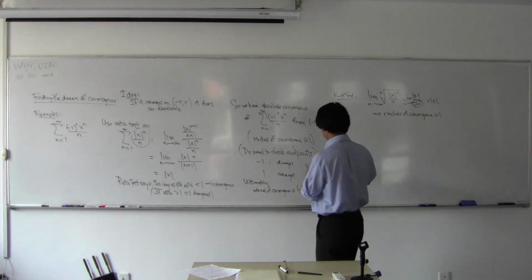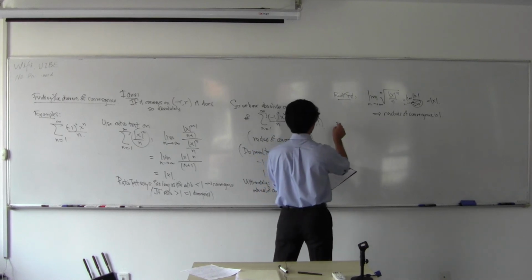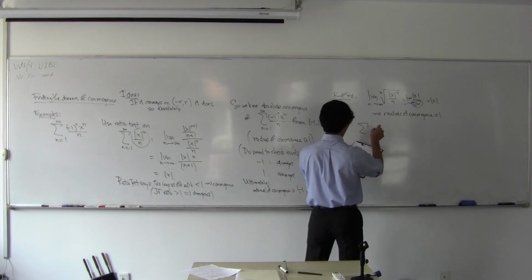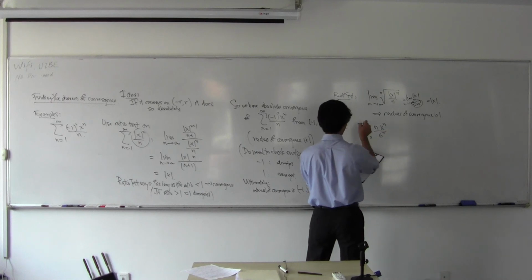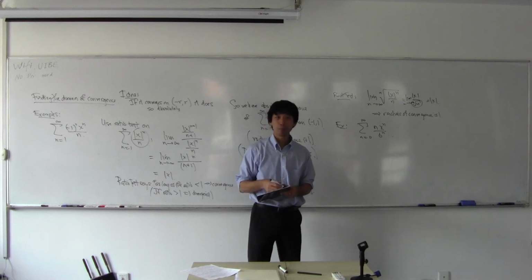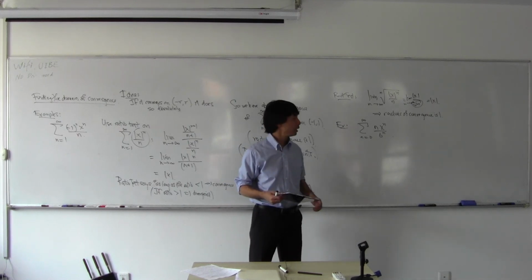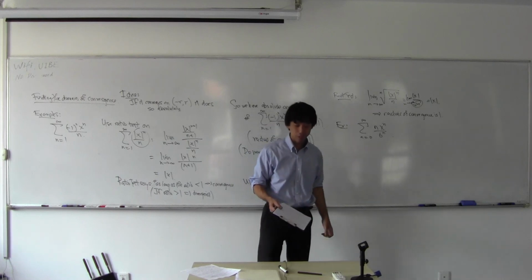Okay, let me ask you to do, here's one for practice. Summation, let's say, n, x to the n over 6 to the n, from n equals 0 to infinity. Okay, so try whatever test you like, root or ratio, and see what the radius of convergence is. It should take you about 1 minute.